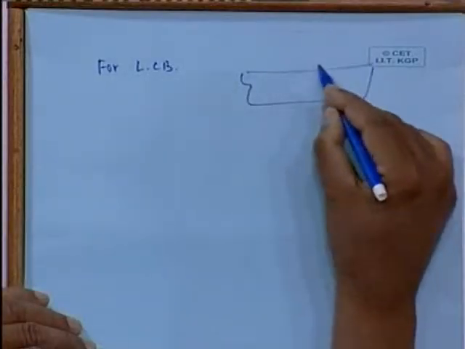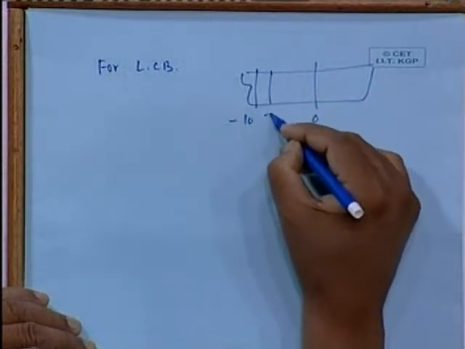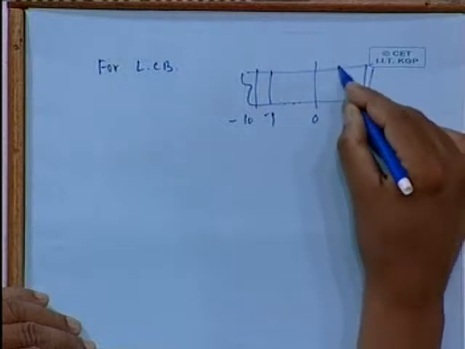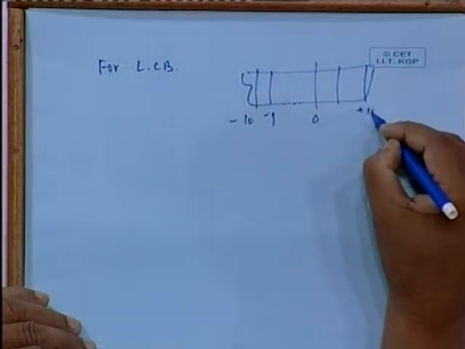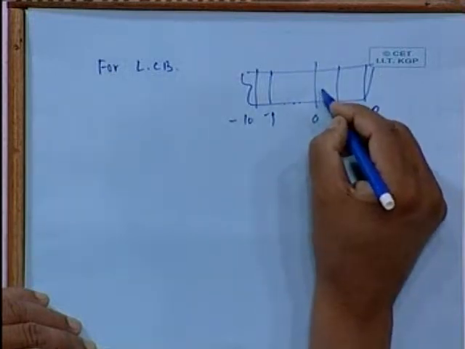Whichever way you want to do, it's very straightforward, or I will just write it down. For LCB, you could take stations this as 0, then this as say minus 10, minus 9, like that, and this plus 10. You can take like this. That way you will get directly from midship.